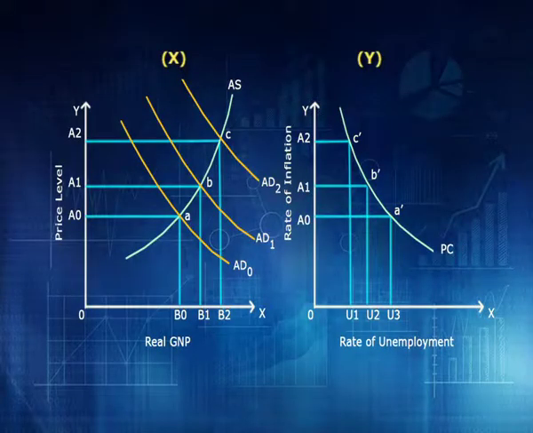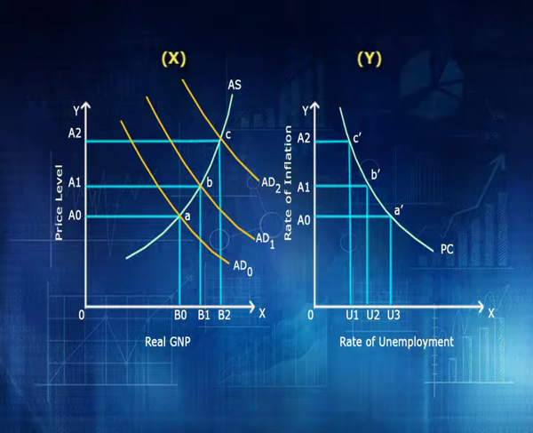In figure Y, point A dash on the downward sloping Phillips curve corresponds to point A of figure X. In figure Y, it is observed that the rate of unemployment is equal to U3 corresponding to price level A0 of X. When aggregate demand shifts to AD1, a certain rate of inflation is observed and the price level rises to A1, followed by expansion in aggregate output to B1.